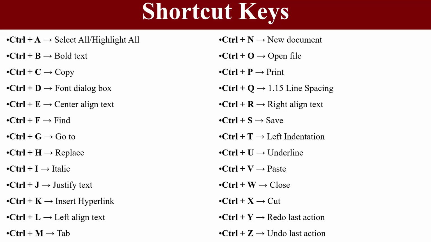You want the text to be back, you can use Control Y. Then if you want the text to be deleted again, you can use Control Z. That is the relationship between Control Y and Control Z. Control Y is to redo what you undid. Then Control Z stands for undo.